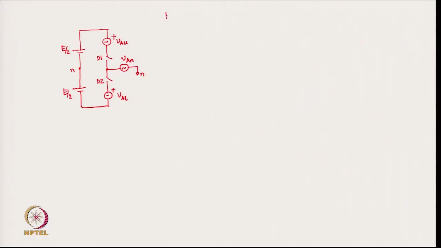So, when D1 is on, what will be the equation if I write the KVL here? Then VAN plus VAU minus E by 2 is equal to 0, and during this point of time D2 is off. So, this switch is off.